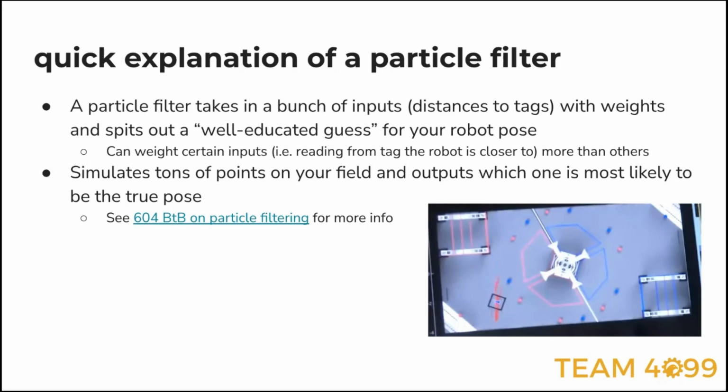Whereas AprilTags are kind of the opposite. In the short term, they might be bouncing all over the place, but their error is going to average around 0 over the course of a match, so it'll be reliable no matter when it is. So a Kalman filter is a mathematically optimal way of combining those two things or other measurements you choose to have, and knowing what data to trust over what timeframes.